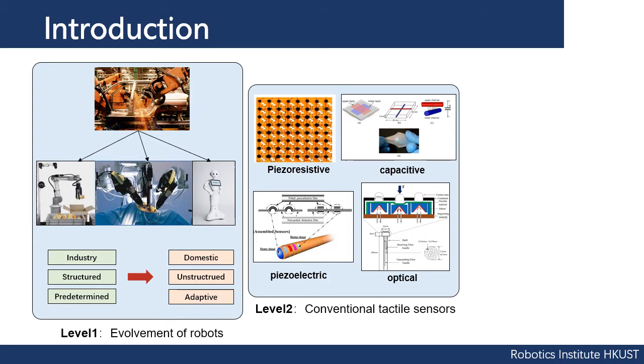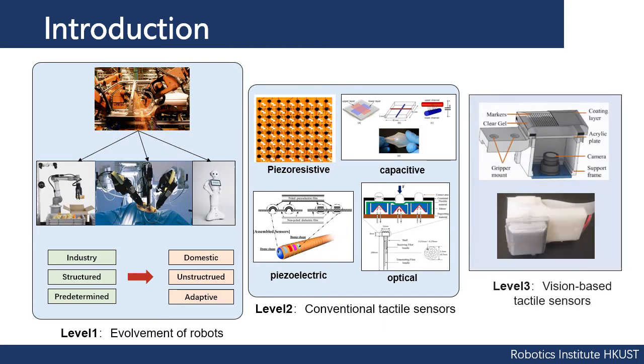Traditionally, there are piezoresistive, capacitive, piezoelectric, and optical tactile sensors. However, the sensing resolution is not very high. A recent trend is to use a camera to capture the deformation on a gel, and using computer vision and deep learning techniques, we can recover the contact information.